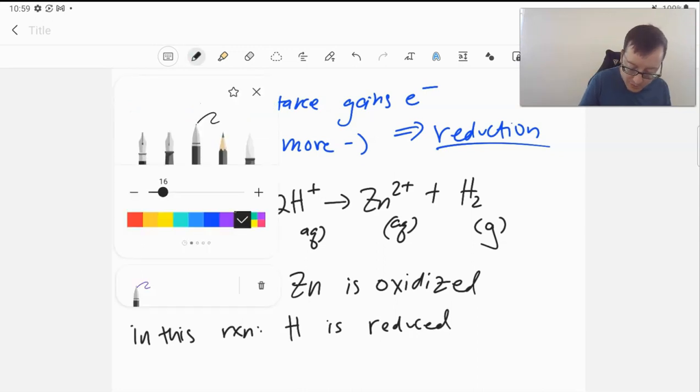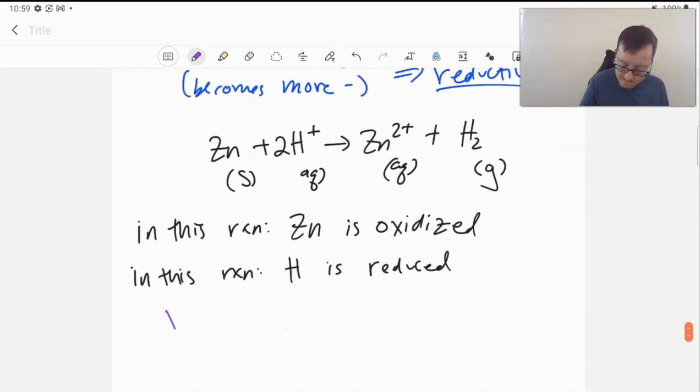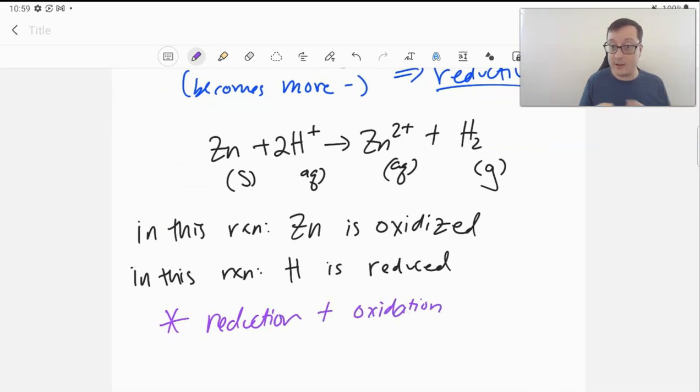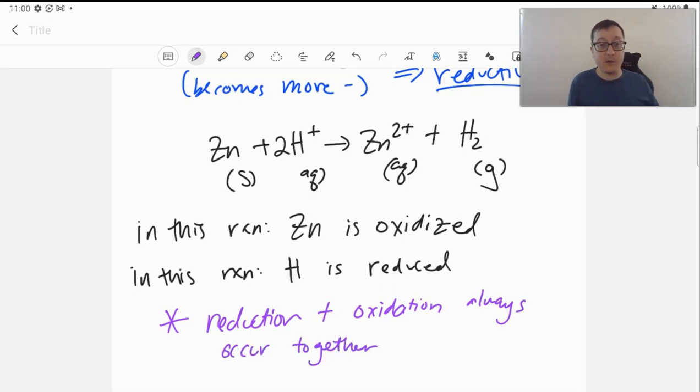By the way, importantly, reduction and oxidation always occur together. You cannot get only one of these happening. You can have multiple reductions happening as long as you have at least one oxidation.